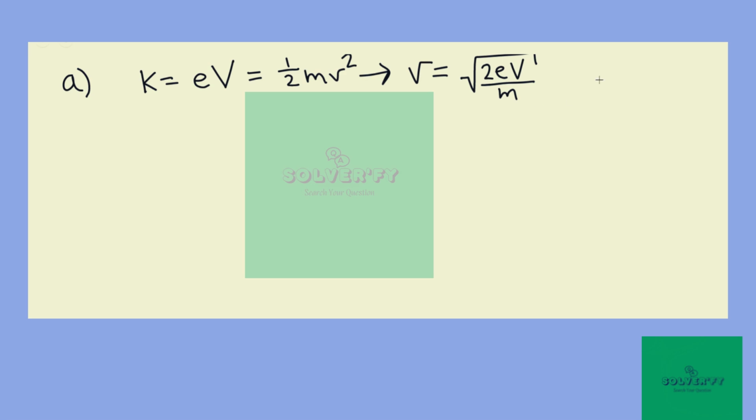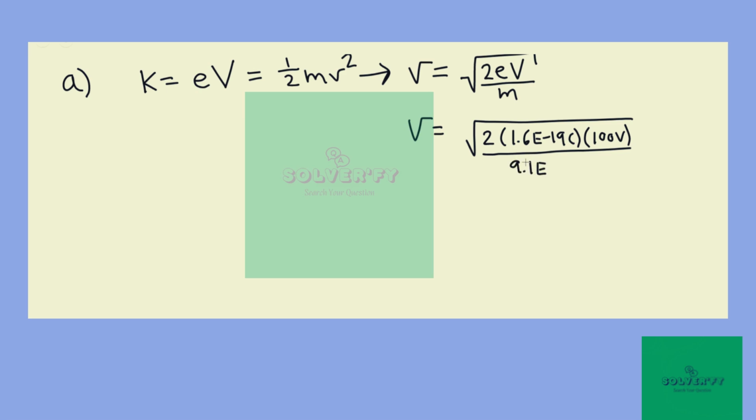Plugging in some numbers, recall the electron charge, 1.6 e to the negative 19 coulombs. The voltage we're given is 0.1 kilovolts, which is simply 100 volts, all over the electron mass, 9.1 e negative 31 kilograms.